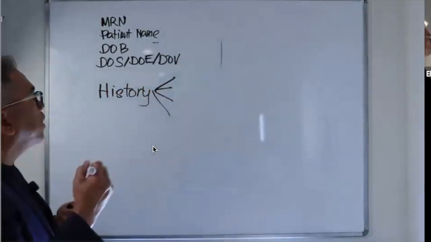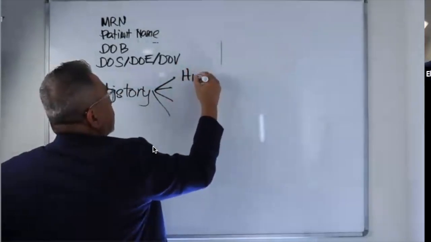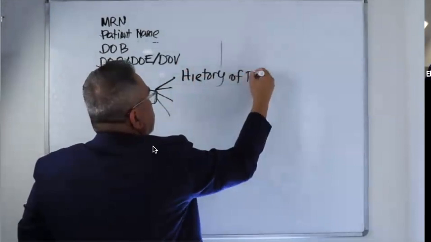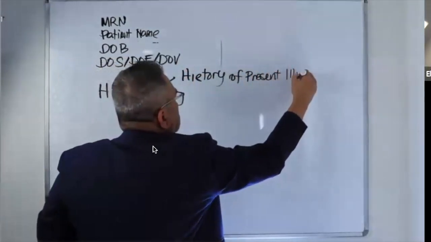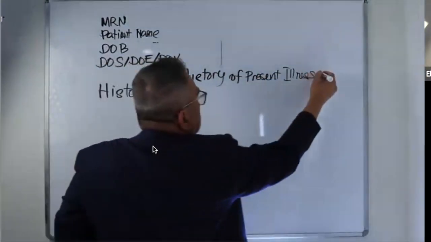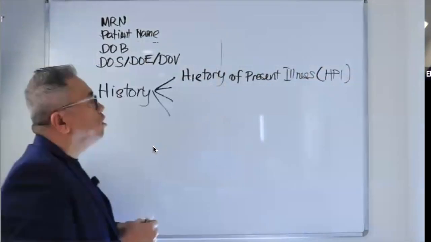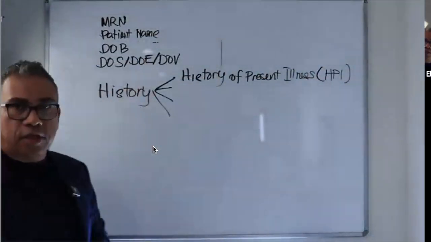We call that the history of present illness, sometimes HPI. HPI, or history of present illness, is part of the patient's history.